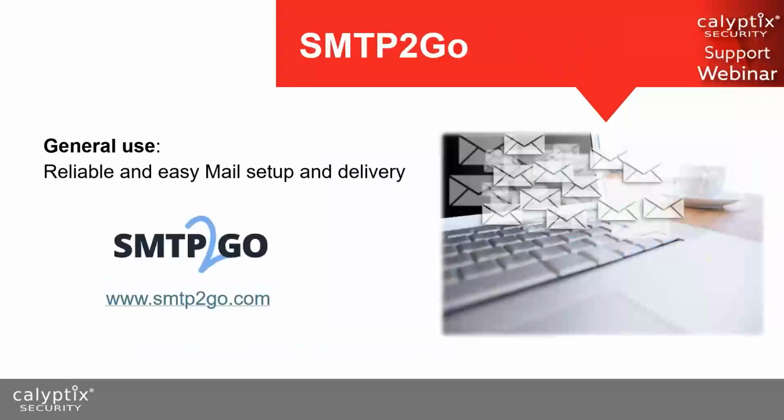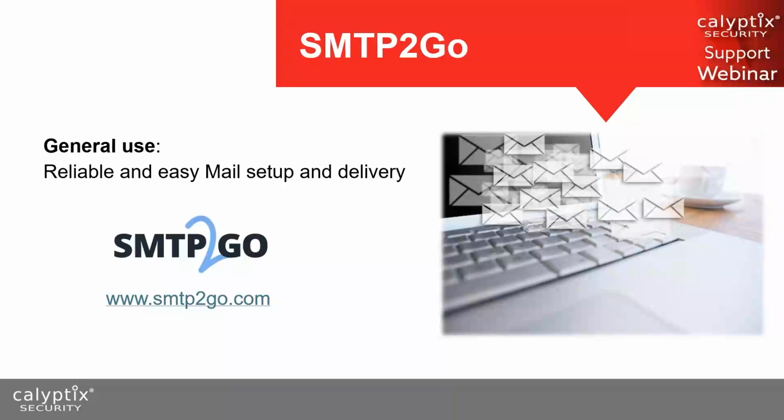Speaking of mail, we're going to talk about SMTP2GO. This is my go-to site when it comes to copiers, printers, anything. Believe it or not, it's what I use on my Calyptix AccessEnforcer at my house. It's so easy to set up.